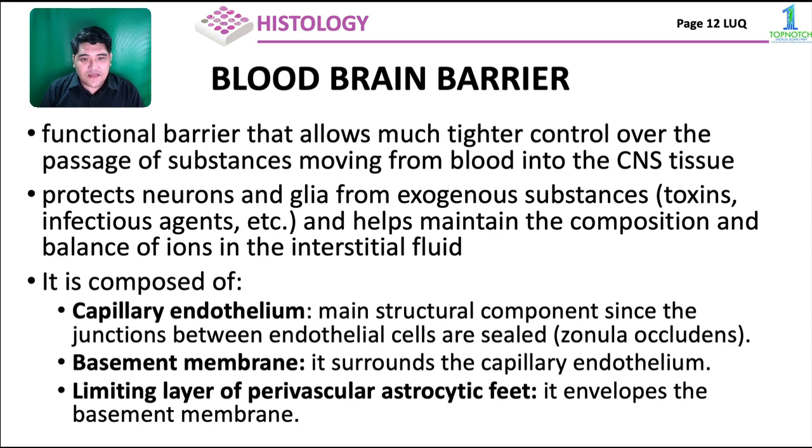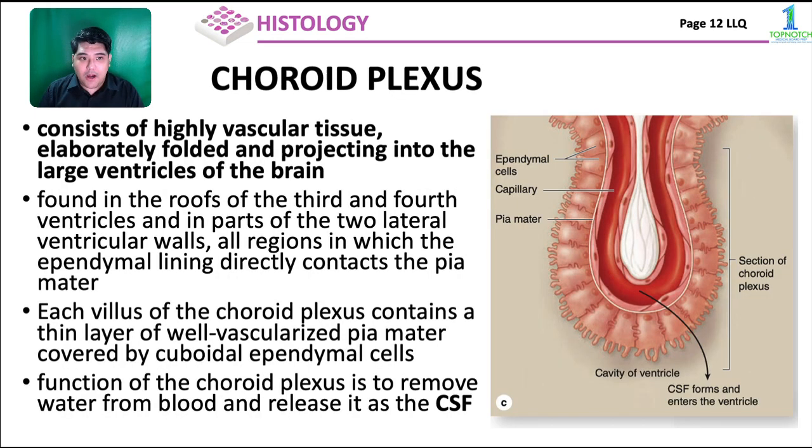It also helps in the homeostasis, or the balance of the composition of different ions, in the interstitial fluid of the brain. Now, what is important for us to know about the blood-brain barrier? The composition. We have the capillary endothelium, the basement membrane, and the limiting layer of the perivascular astrocytic feet. Those three form your blood-brain barrier.